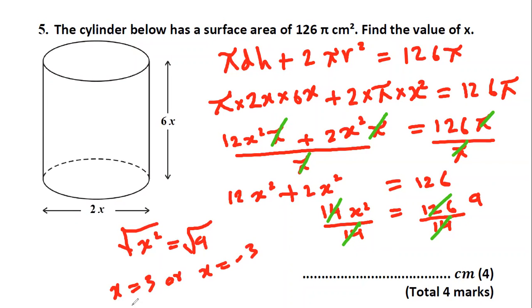In this case, we can't accept x being negative 3 centimeters, so this value will be rejected. So the final answer will be x equals 3 centimeters.